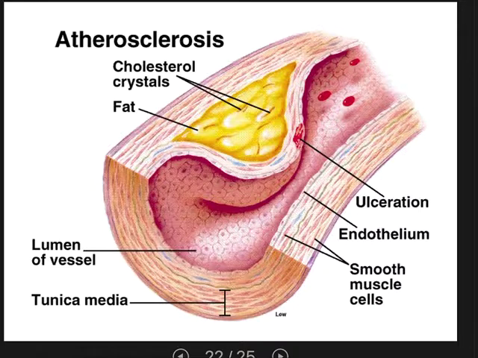So what we've been talking about when we talk about all those things is if you get these cholesterol crystals that form and stick to fat within the vessel wall, right? Within the vessel wall, not on the endothelium layer, but within. And if this happens, as you can see in this picture, it narrows your vessel.